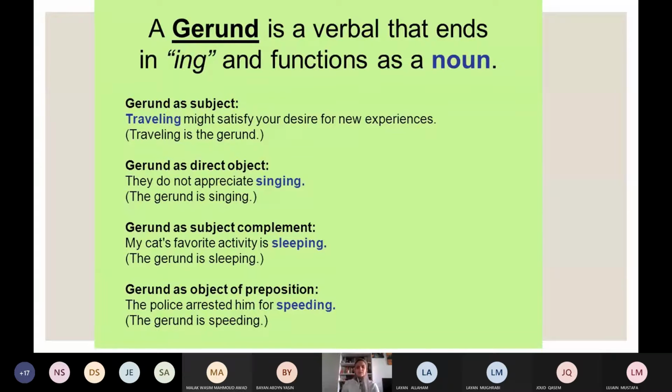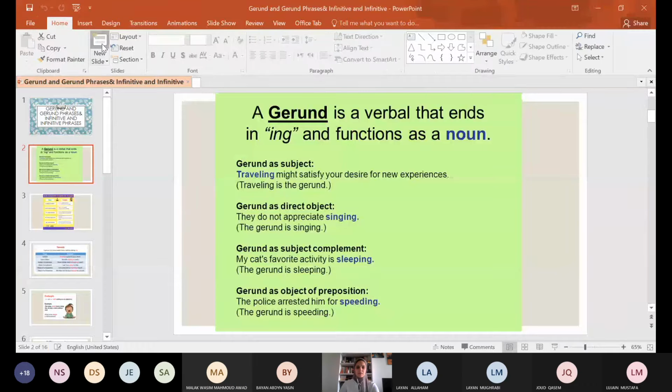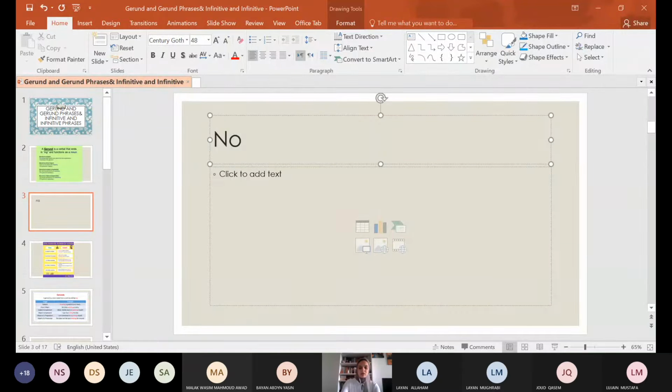How? As subject, as direct object or indirect object, as a predicate nominative or object of preposition. Again girls, say with me. Nouns: how can I use the noun?